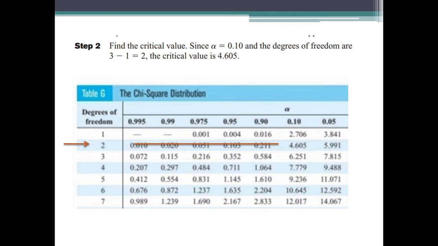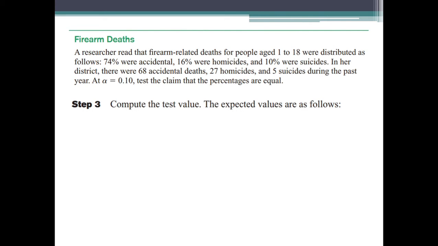And now for our next step, step 3, we're going to compute the test value. So the expected values are as follows. We have 0.74 because of 74% accidental, and we have 0.16 because of 16% homicide, and we have 0.10 because of 10% suicide.